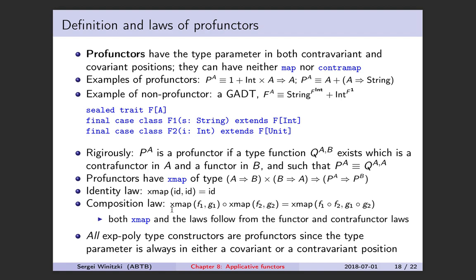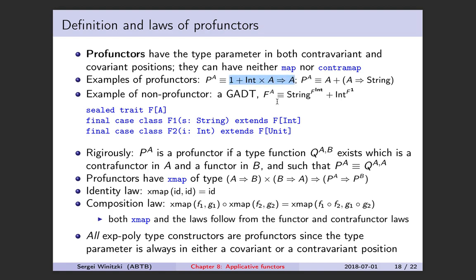Informally speaking, profunctors are type constructors that have a type parameter, and the type parameter occurs both in contravariant and covariant positions. Because it occurs in both of these positions, you cannot have a map and you cannot have a contramap for this type parameter. Here are some examples.